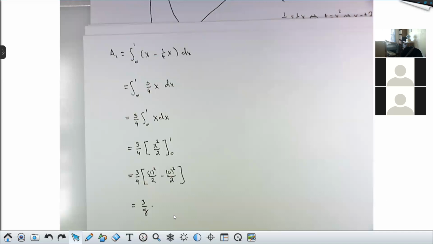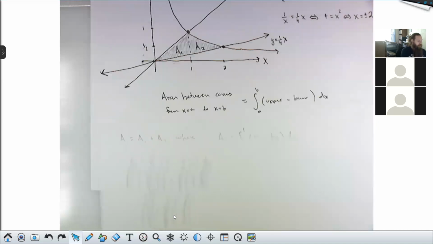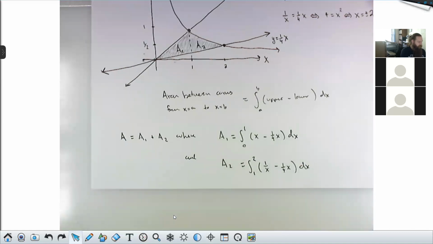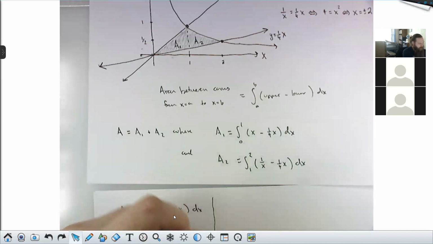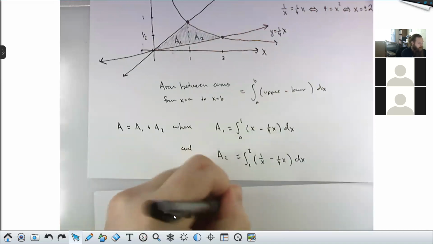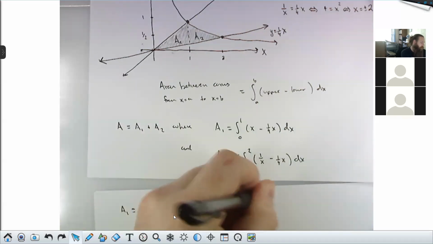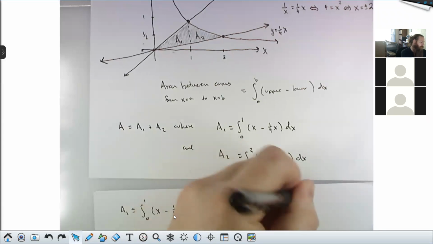All right. So our first region has area 3/8. And we got that by computing this integral for A1. The second region, A2, we've got room here. I'll just write it on the left side. Is the integral from 1 to 2 of 1 over x minus 1/4 x dx.